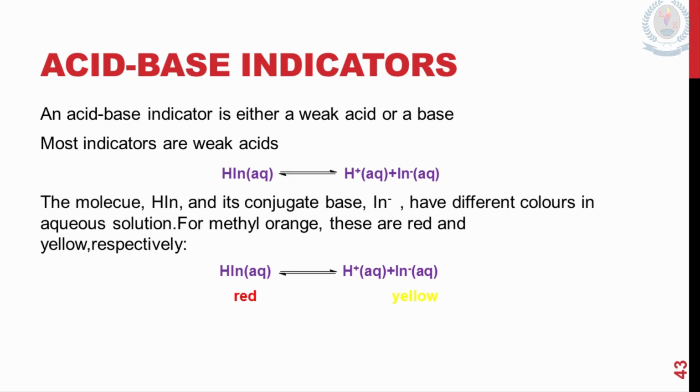We take the symbol In for indicator, so HIn. Here I gave the equation as a weak acid, so I mentioned the dissociation of a weak acid here. The molecule HIn and its conjugate base In minus have different colors in aqueous solution. For methyl orange, these are red and yellow respectively.